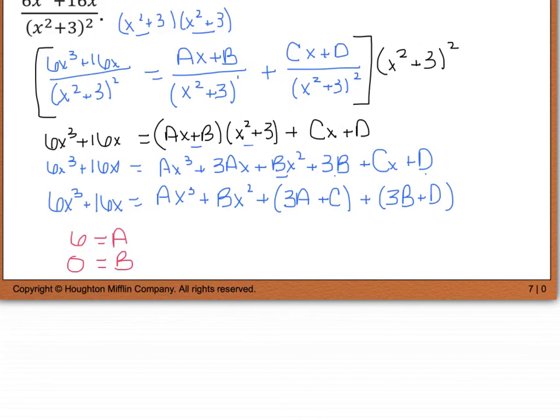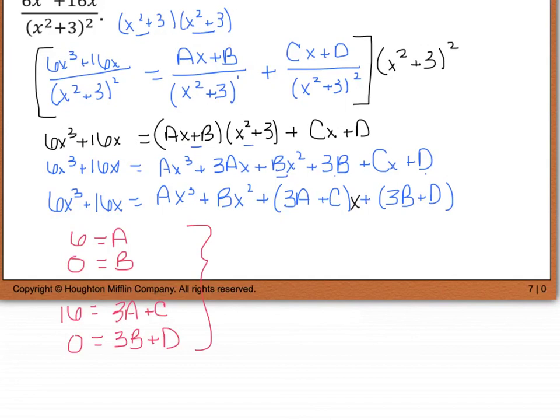And for my x terms, which I didn't write the x up here, this should have an x, I'm going to end up with 16 is equal to 3a plus c. And for my constants, I don't have any constants over here, so I'm going to say 0 equals 3b plus d.